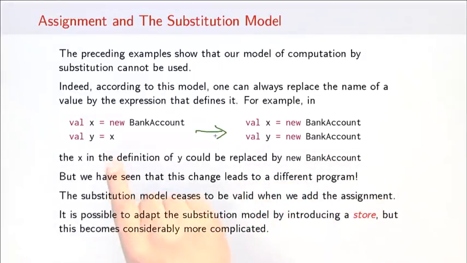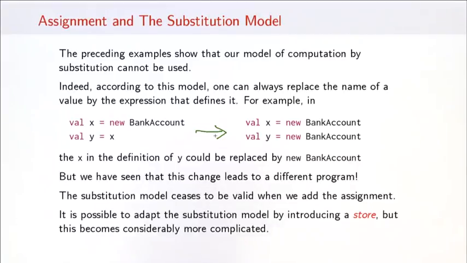So instead of the reference to x here, I take the right-hand side, new bank account. But we have seen that this step from here to here, in fact, leads to a different program. So clearly going from here to here is not a valid step, and that means that the substitution model as a whole stops being valid once we add assignment to a language.